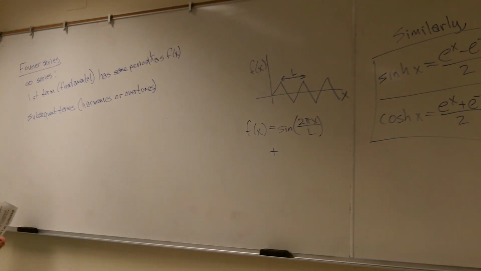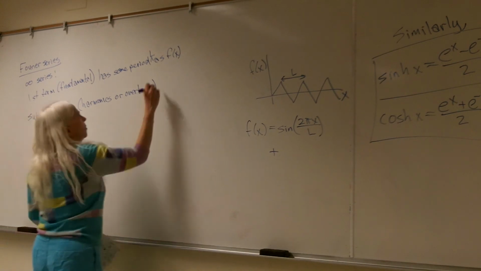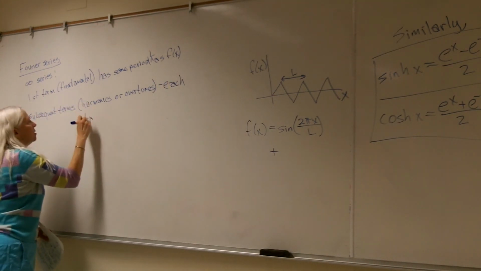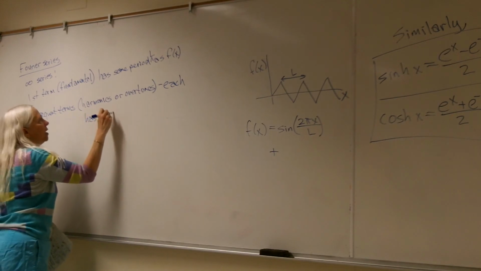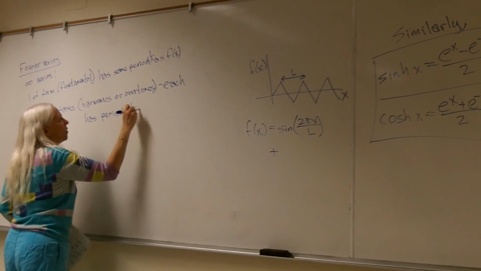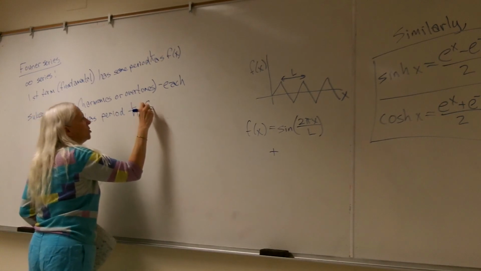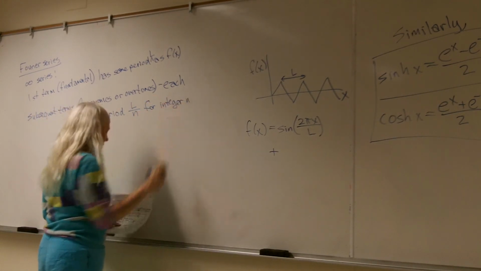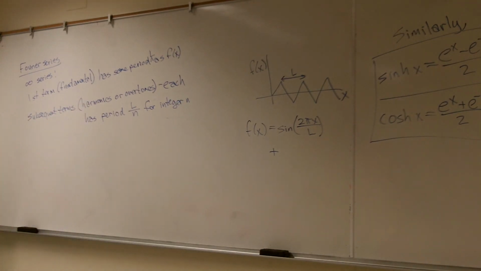But a harmonic or an overtone, each of these has a period L over n for some integer n. In other words, they have shorter periods than the fundamental term.